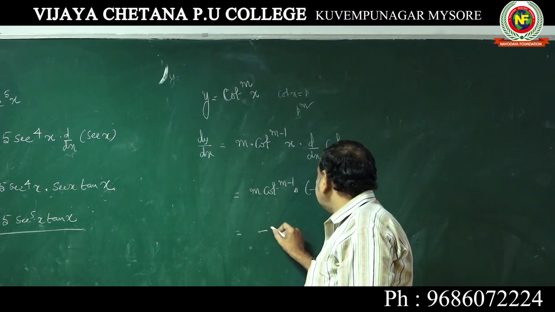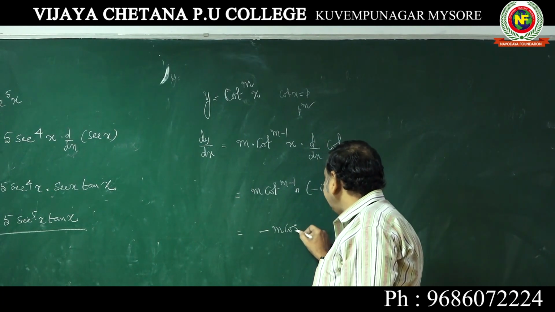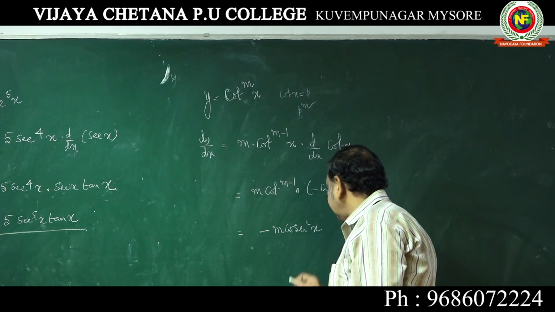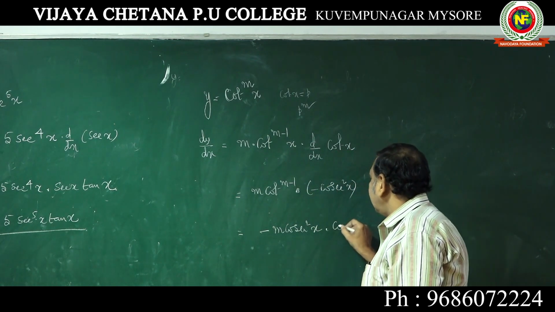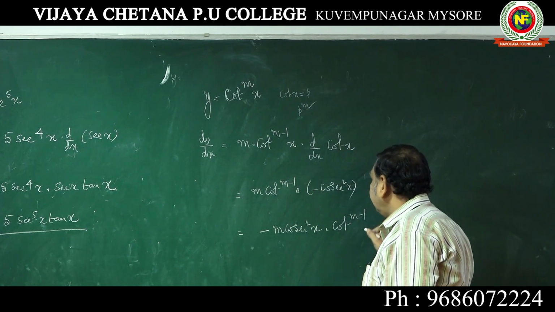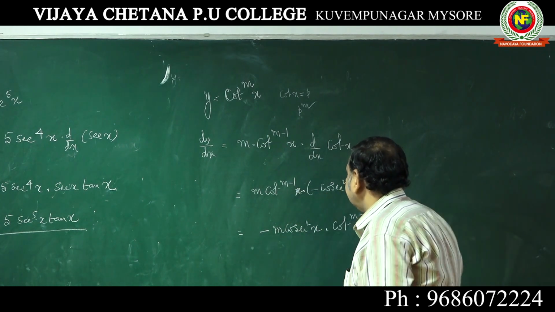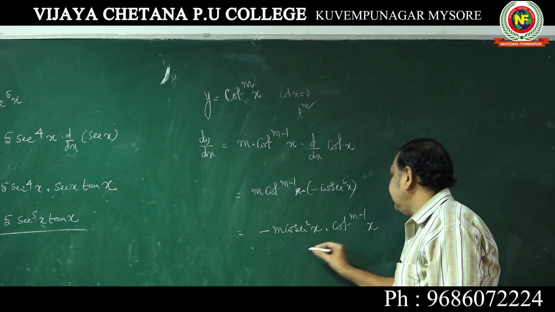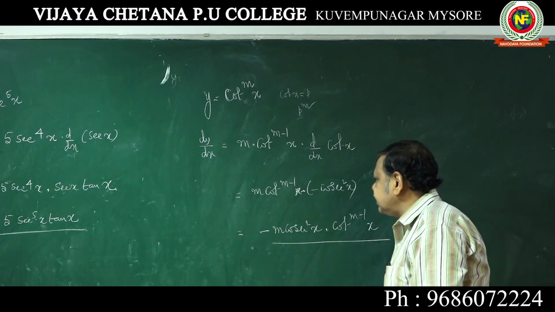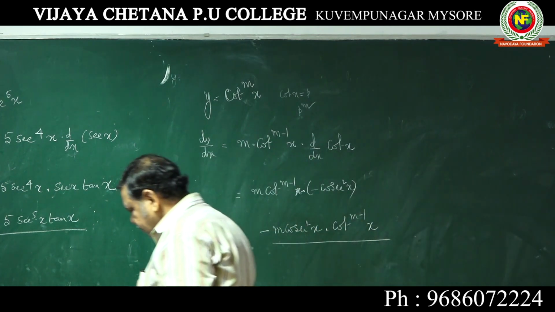So you can write the answer: minus m cosecant square x into cot to the power of m minus 1 x. This is the answer.